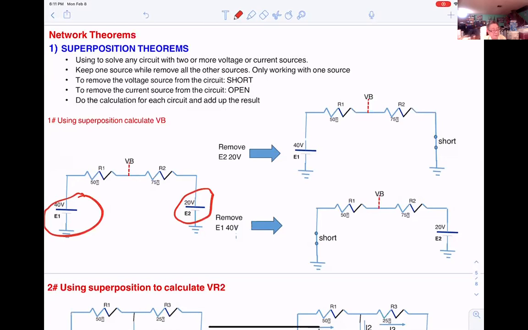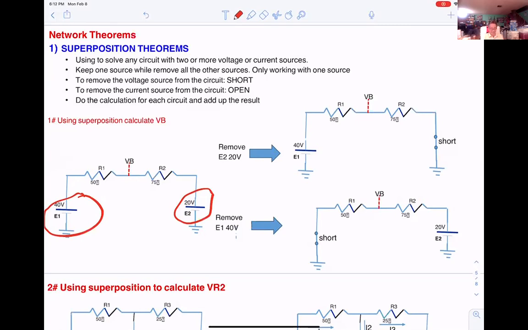To remove a voltage source from the circuitry, you short it. To remove a current source from the circuit, open it. Do the calculation for each circuit, then add them up to get the answer.